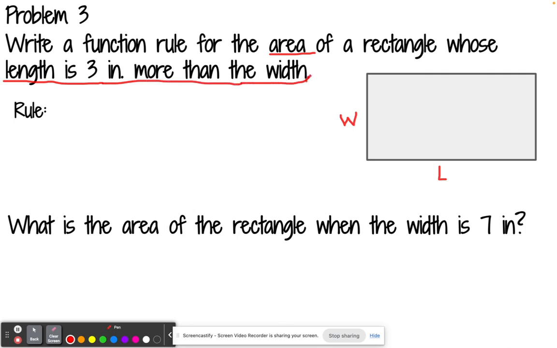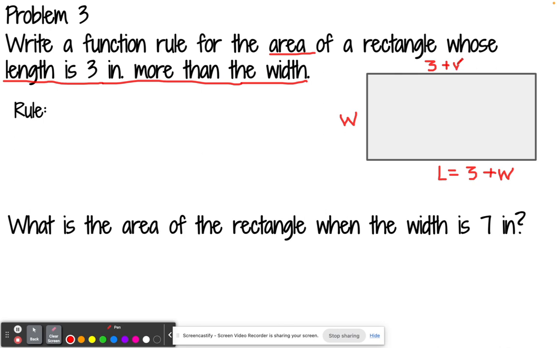That's important. My length is equal to 3 inches more than the width. So instead of saying L for length, I can say 3 plus W, 3 inches more than the width.